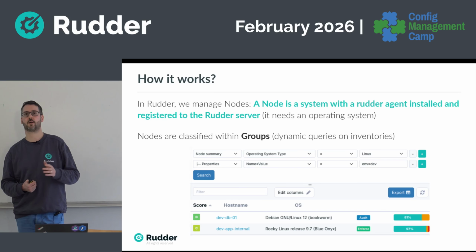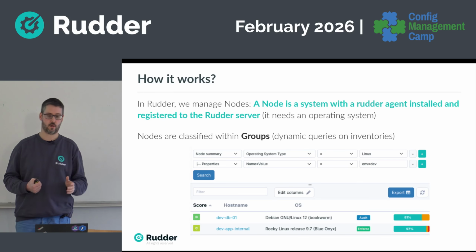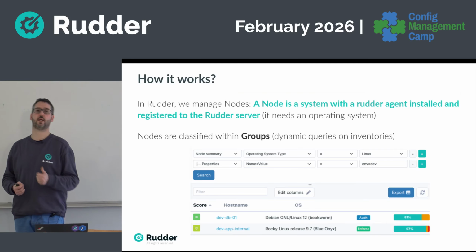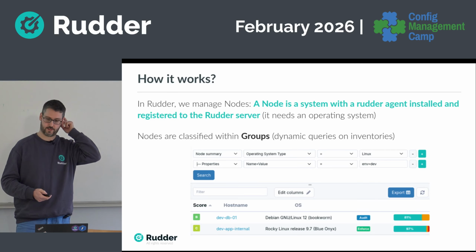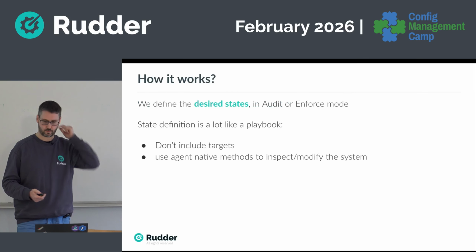The groups are created within Rudder based on queries on inventories. So you can query virtually everything in your inventory: operating system name, the host name, the IP address, the mount point, the software that is present, etc., etc.